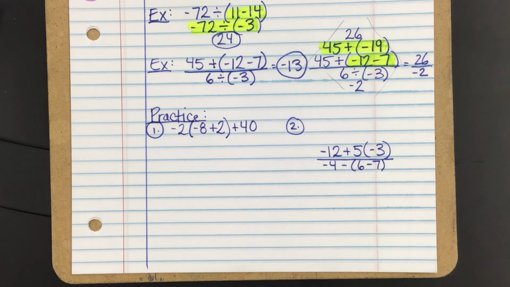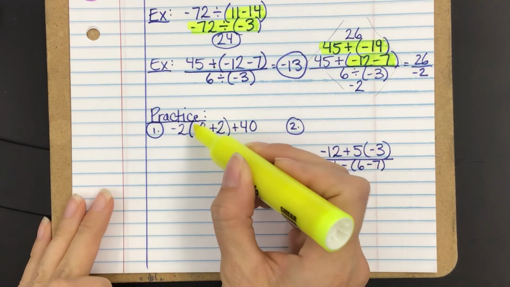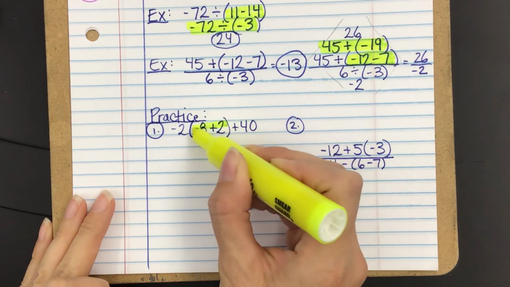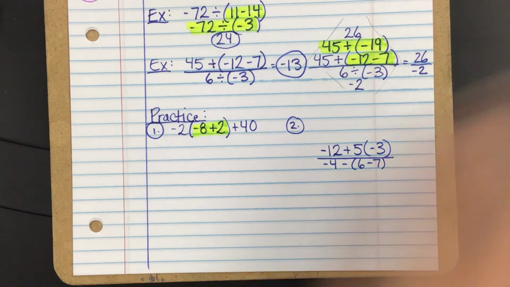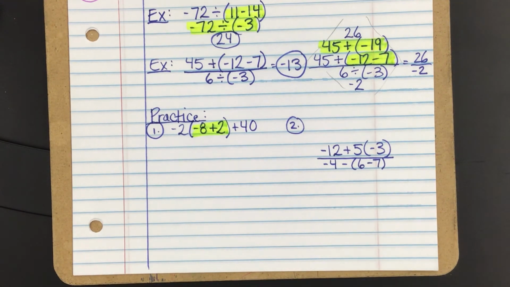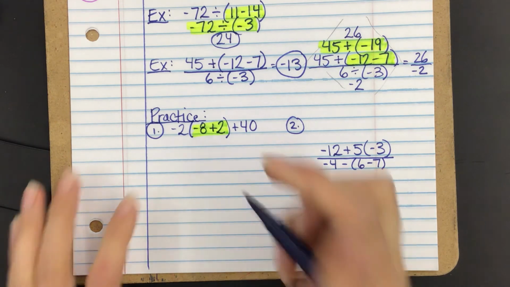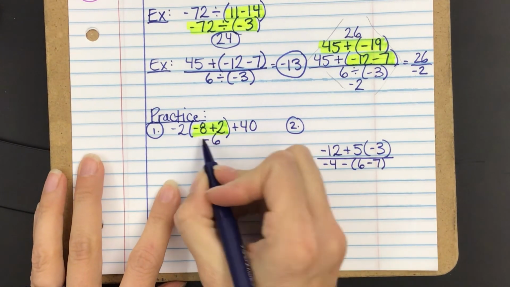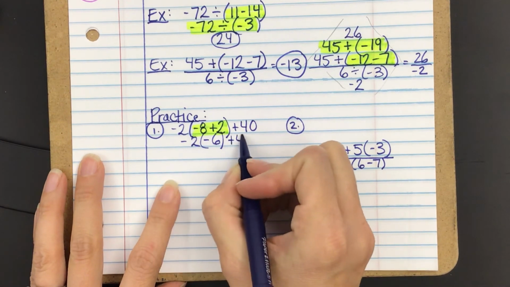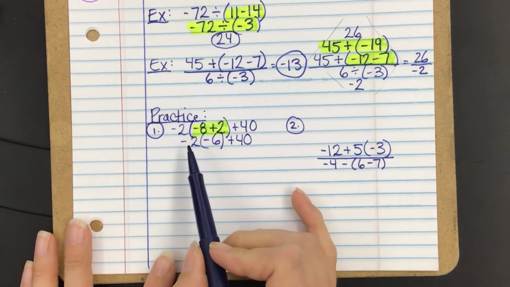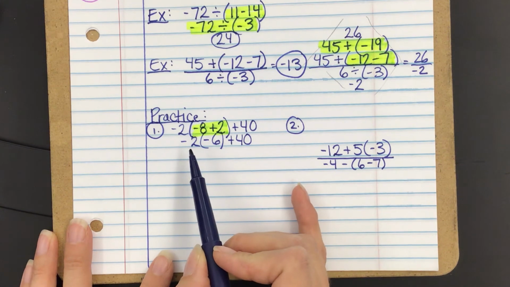Take a look at this. On this first one here, like I said, you always do that grouping first. Okay, so, ooh, flying pen. All right, so -8 plus 2 is -6. Bring everything else down. Okay, a negative times a negative is a positive.